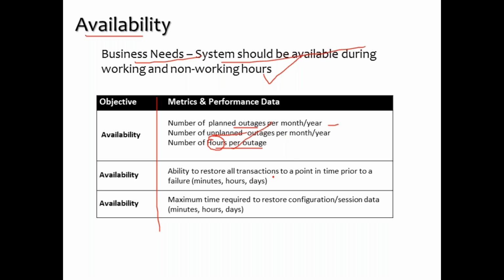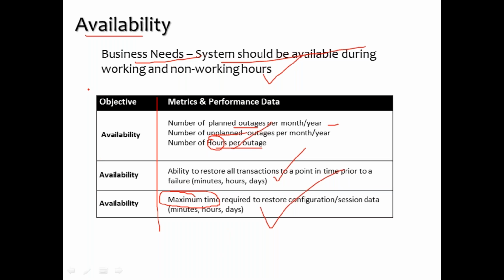So availability also includes the ability to restore all the transactions to a point in time prior to a failure. How many minutes, days, hours will it take to restore all that? The maximum time required to restore the configuration, session data, all the data related stuff, to restore everything. What would be the maximum time that is needed for your system? Maybe 5 hours, 2 hours, or 3 hours, whatever.